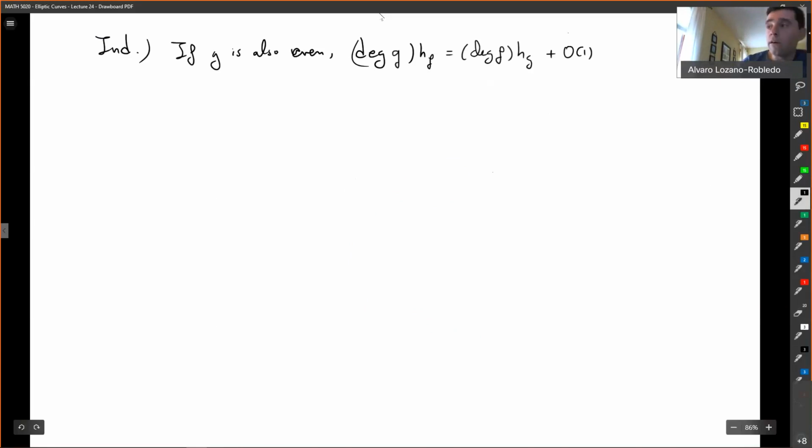So if you divide by 4 to the n everywhere, then what I get is that the degree of g times h_f of 2 to the n P, so evaluate at 2 to the n P and divide by 4 to the n, then I get this equation.